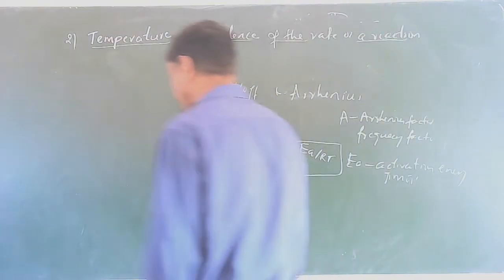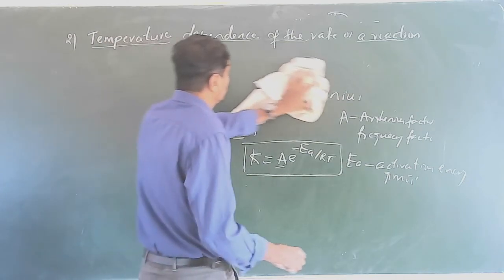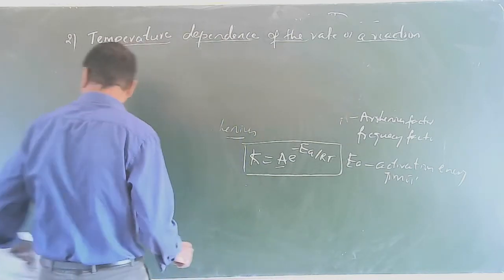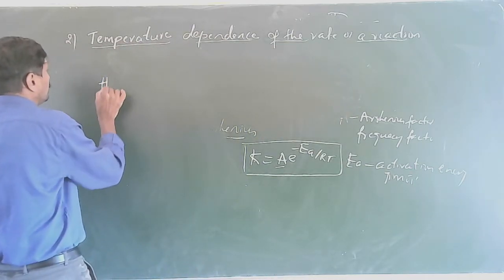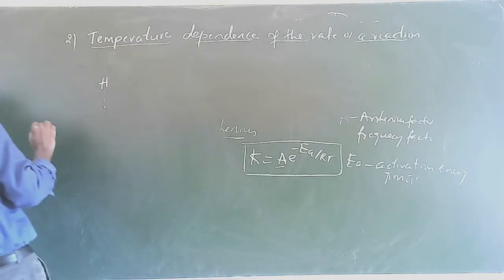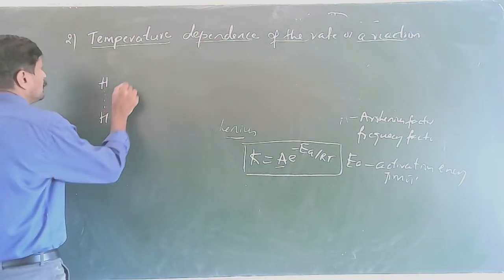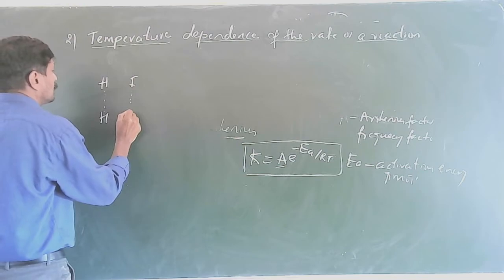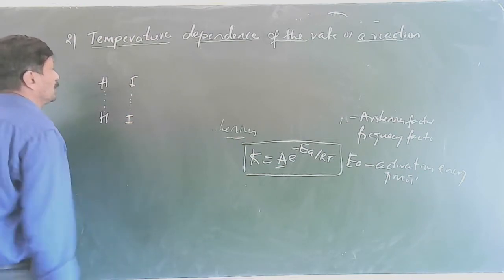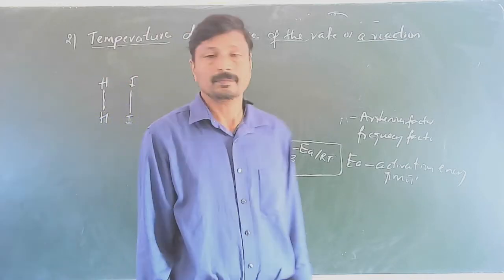According to Arrhenius, we shall now discuss what activation energy is, and how the reaction takes place. I will give one example: the reaction between hydrogen and iodine.